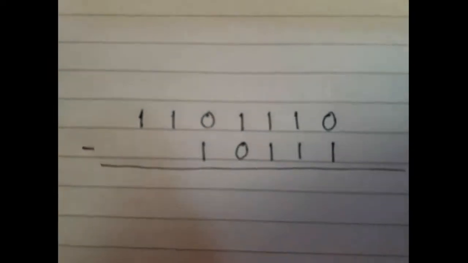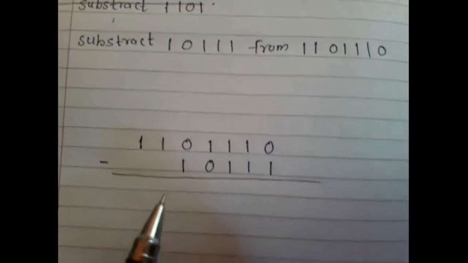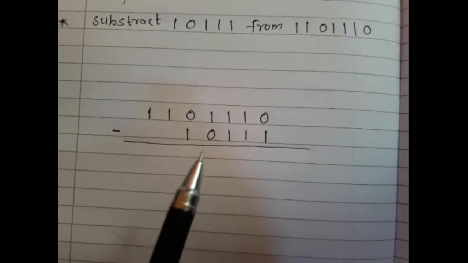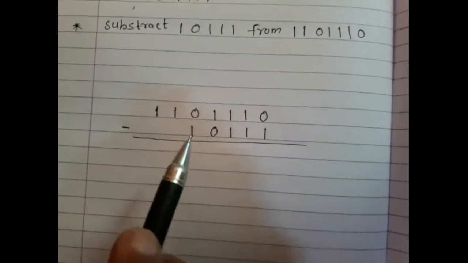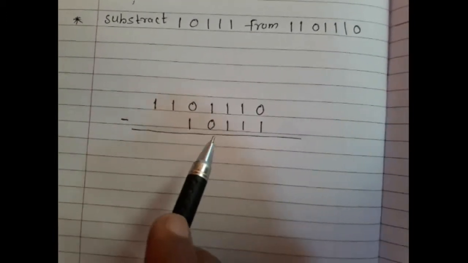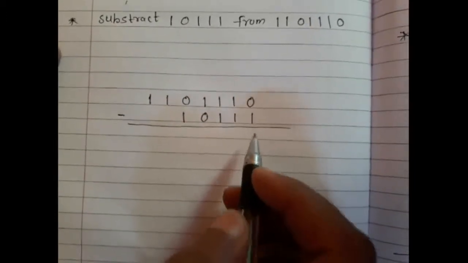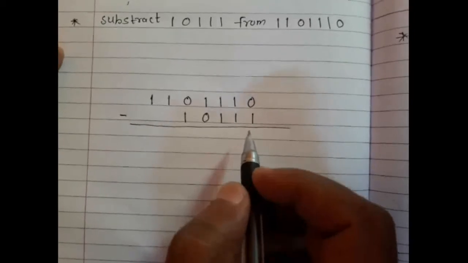Now see students, we will see one subtraction example. 1 0 1 1 1 from 1 1 0 1 1 0. We have to subtract this example. Now see here, 0 minus 1. 0 is less than 1, so borrow 1.